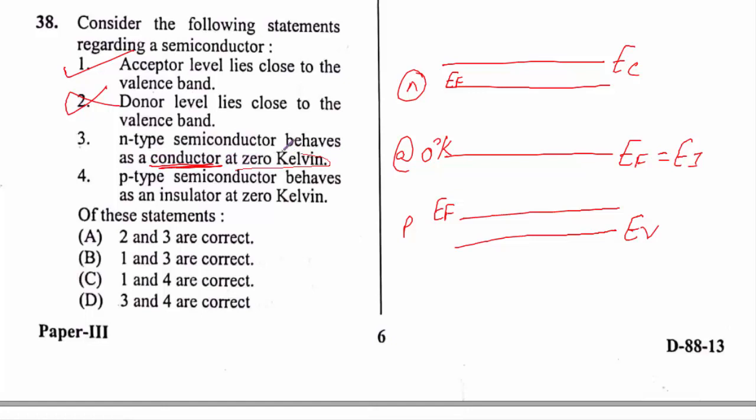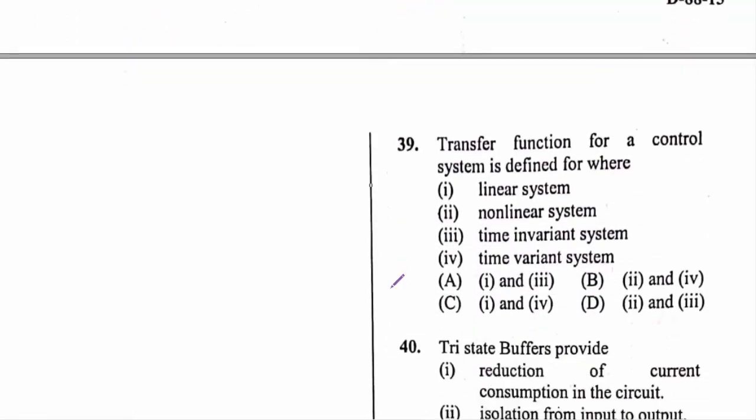We know that at 0 Kelvin it will be behaving like an insulator. So the statement 3 is a false statement. What statement 4 says is in a P-type semiconductor it behaves as an insulator at 0 Kelvin. This is a true statement. Hence statement 1 and 4 is going to follow, nothing but option C is a correct choice.